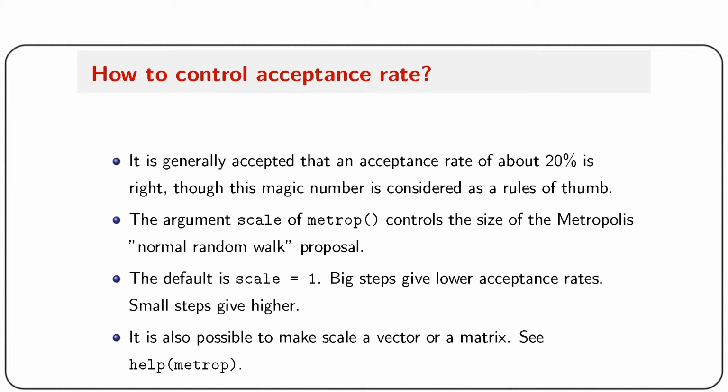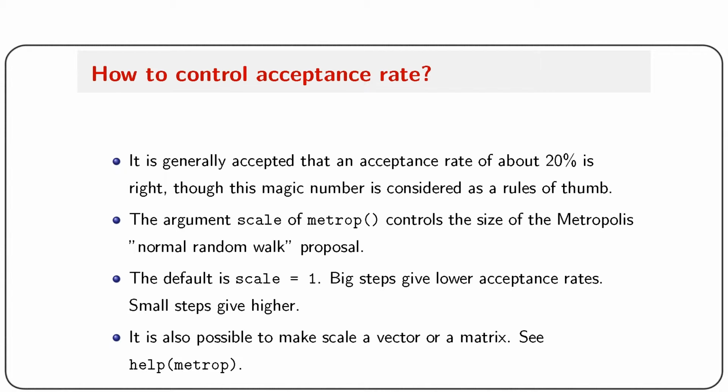How to control the acceptance rate? It is generally accepted that an acceptance rate of about 20% is right, though this magic number is considered a rule of thumb. So the argument scale of Metrop controls the size of the Metropolis normal random walk proposal. The default scale is 1.